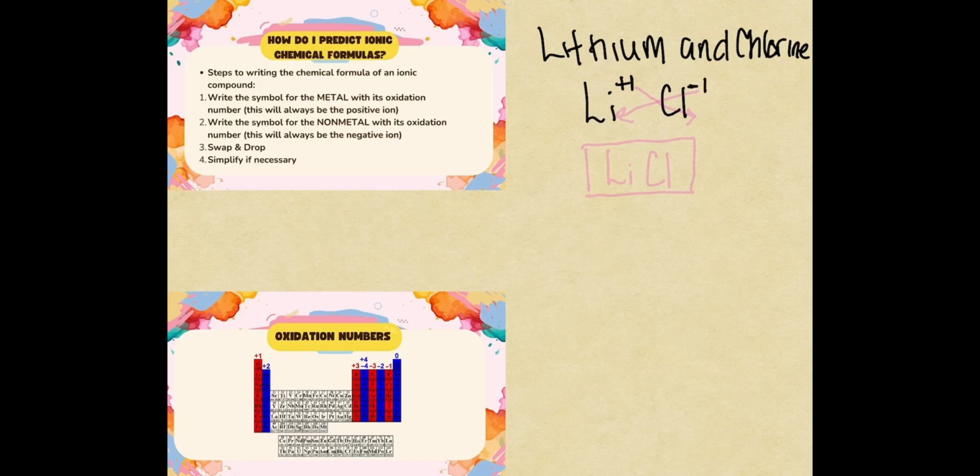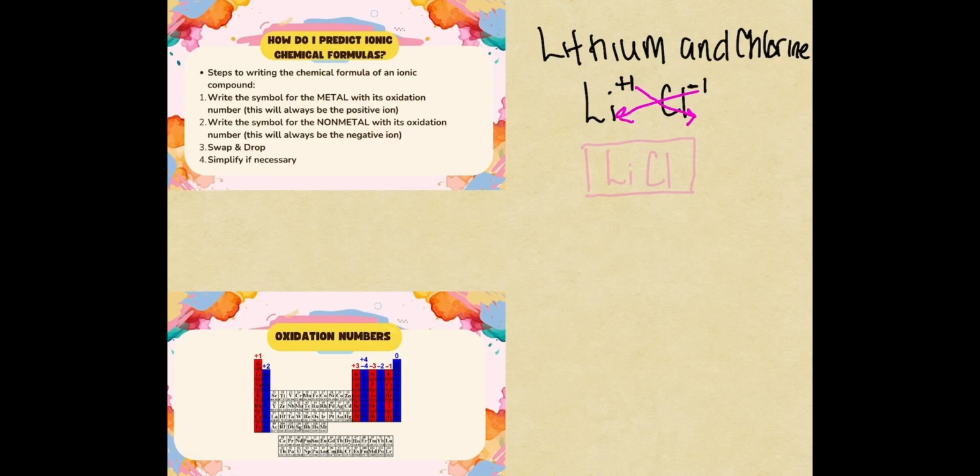Now, when we're doing the process called swap and drop, what we're doing is we are swapping the oxidation number of the element to the other element. So that's what it means by swapping. So I took arrows and I pointed the arrows to exactly where that oxidation number is going.